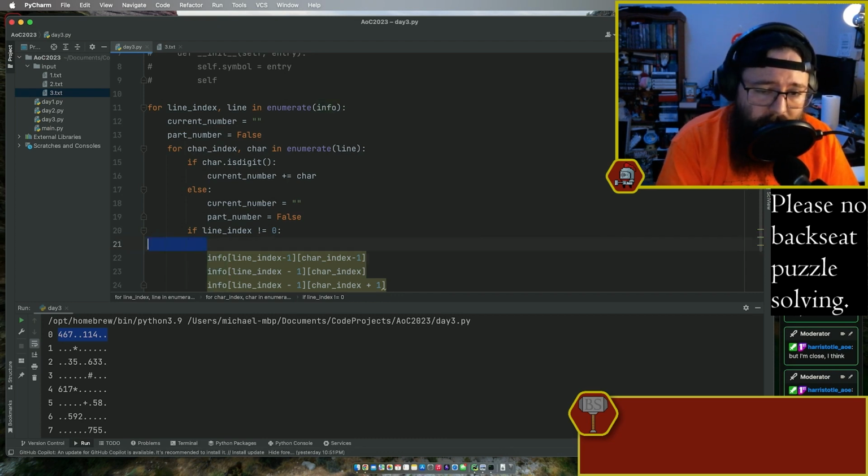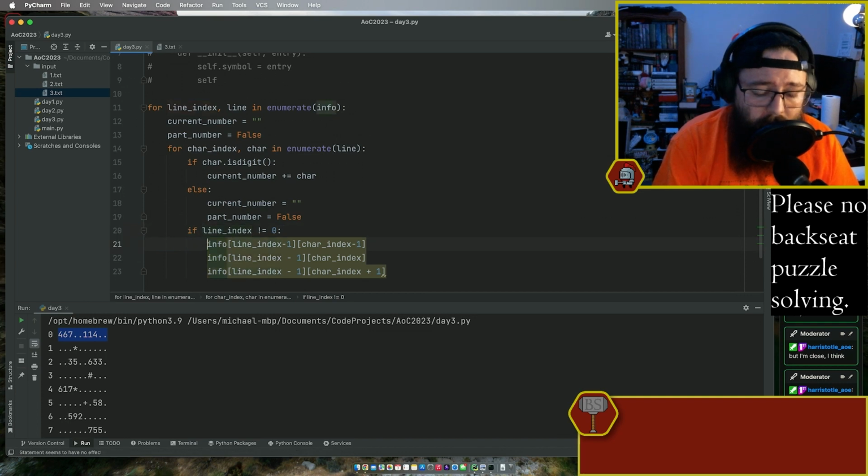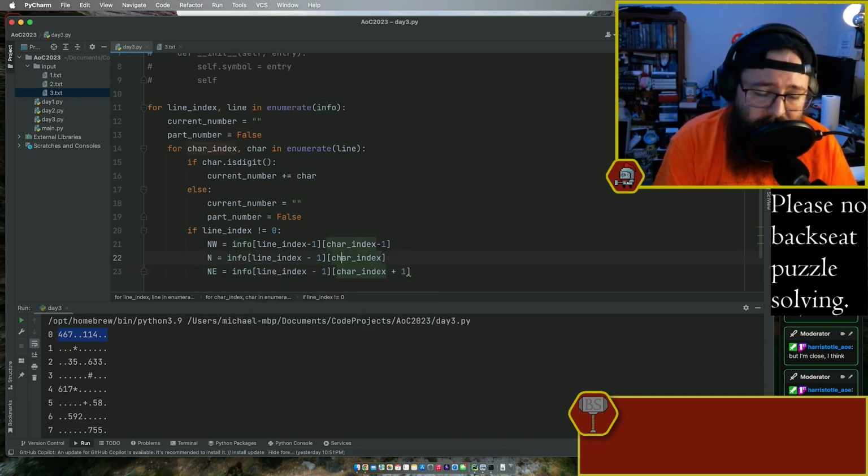We'll look at these variable names. Do northwest, north, northeast. These cardinal directions.